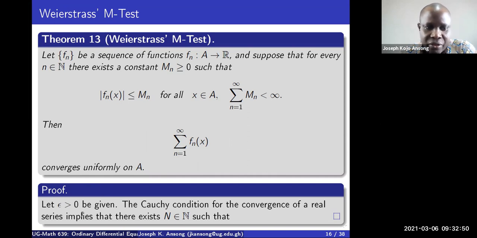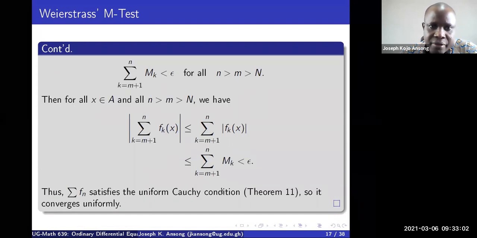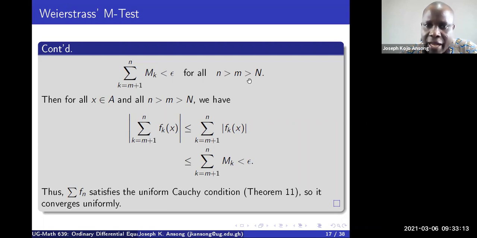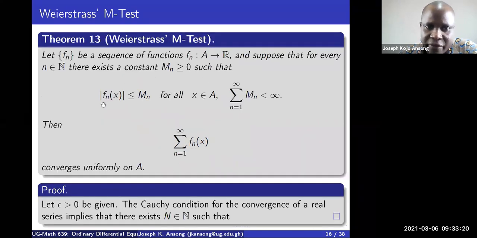Let epsilon be given, greater than 0. Now the Cauchy condition for the convergence of a real series implies that there exists some N in N such that the partial sum of these bounds is less than epsilon for all n greater than N. Note that we are told that this holds.